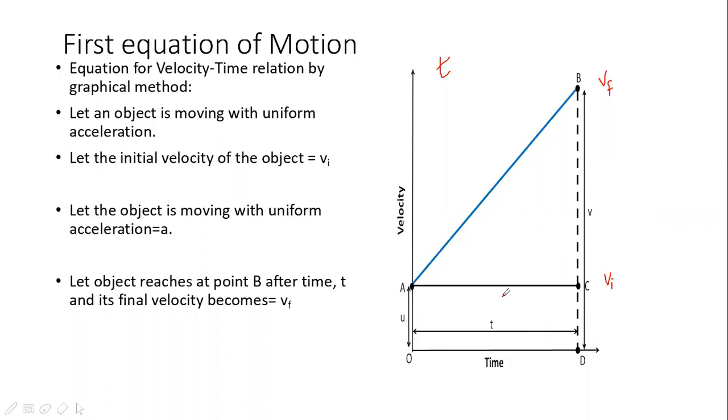Here, AC represents time. This is A, this is C. This line represents time.